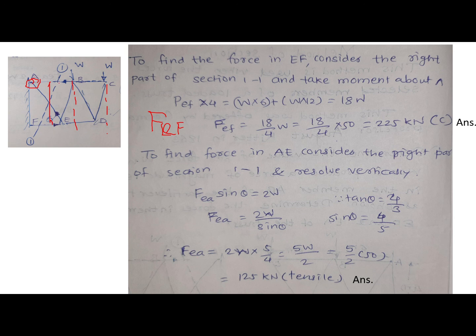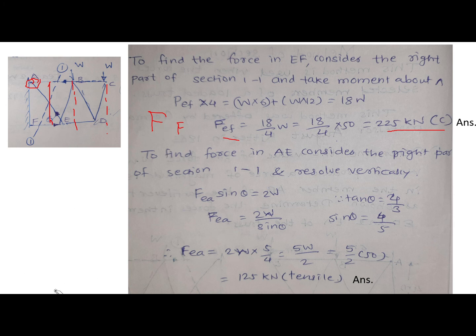By considering the sense, whether it is tensile or compressive, we can apply the bending moment sign. So the force in member EF we are getting as 225 kilonewton, and we have considered it as compressive, and we get the positive sign, which means our sign convention assumption is correct.